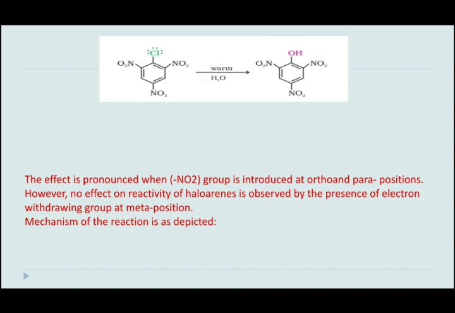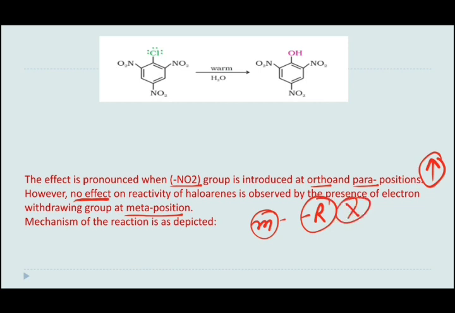Now see that when NO2 is introduced at the ortho and para position, then the reactivity is increased, but at the meta position we will not observe any significant change in reactivity, because at the meta position the minus R effect will not work, because resonance works only at the ortho and para position.